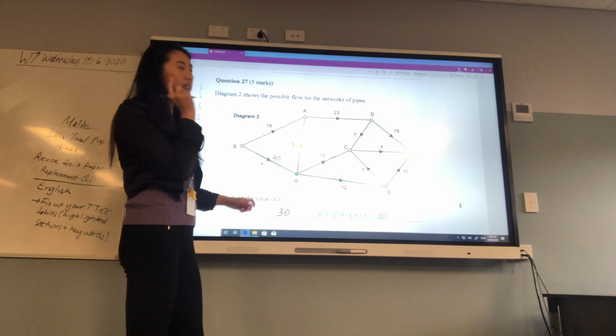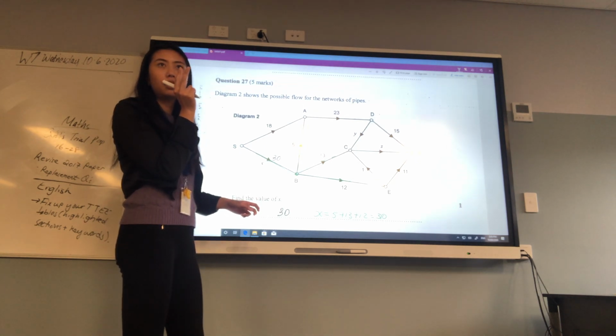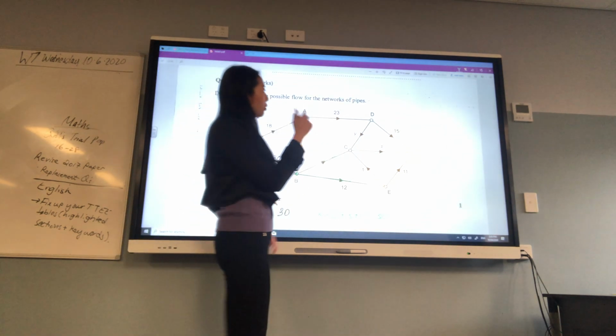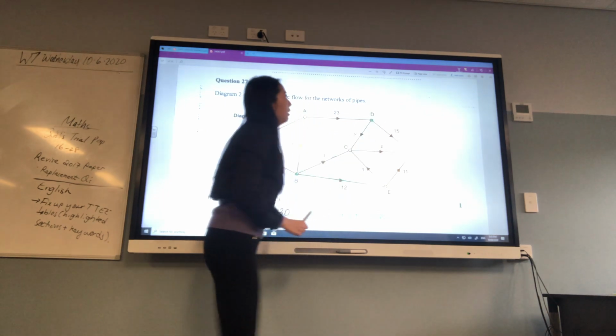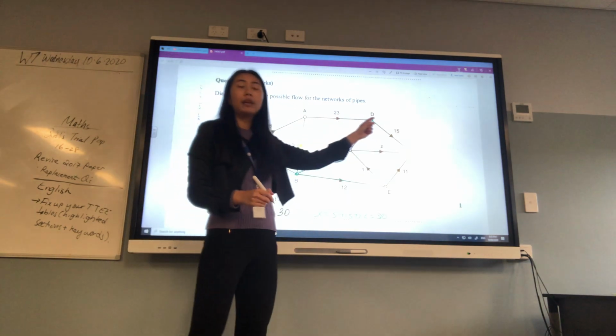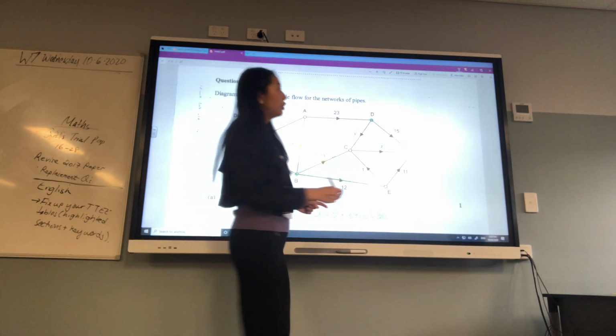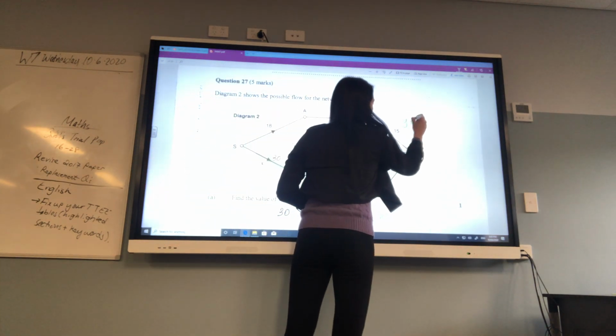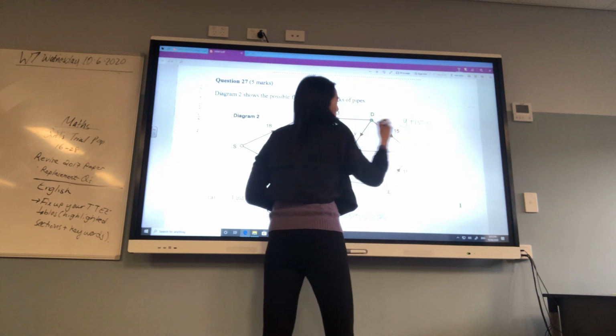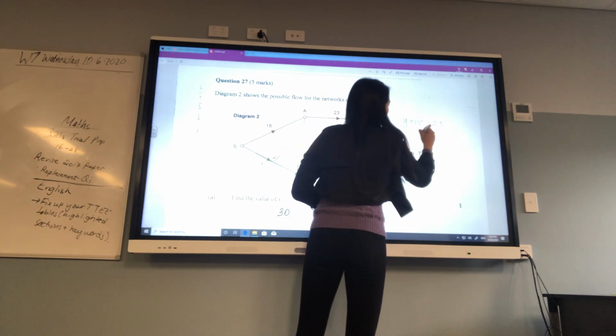Because there are 2 unknowns, it's hard to determine. But y is also related to point D. With point D, 23 is going in, and you have y and 15 going out. So it should be y plus 15, the outflow, equals the inflow, which is 23. So y is equal to 8.